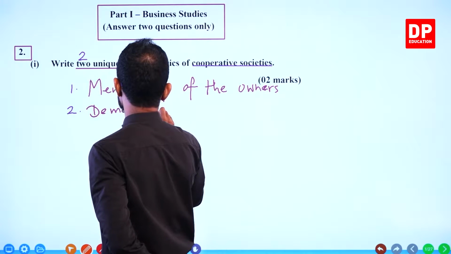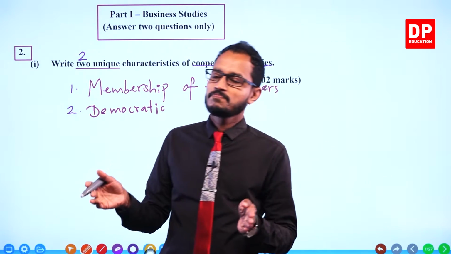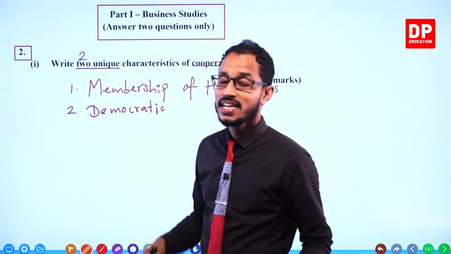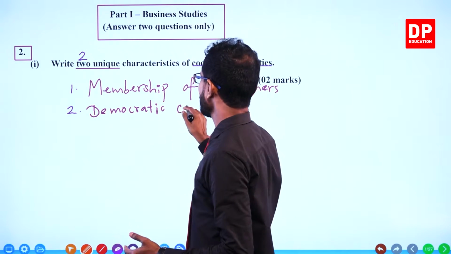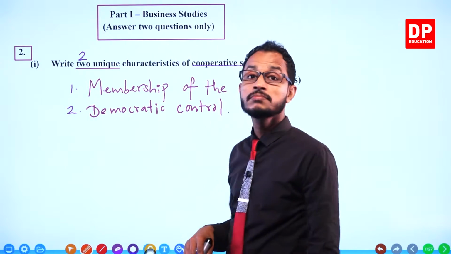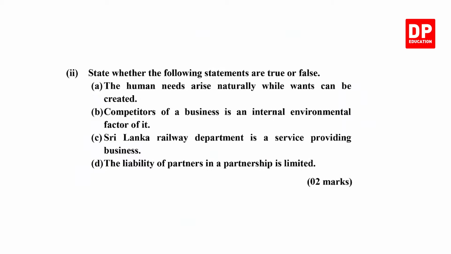The control or the management of the organization is done in a democratic way. Democratic control. Yeah, that's how.